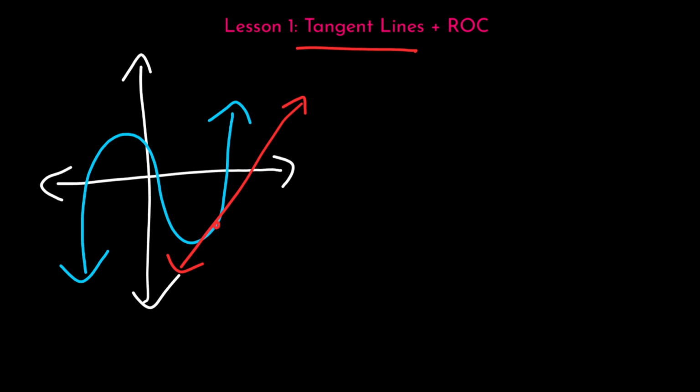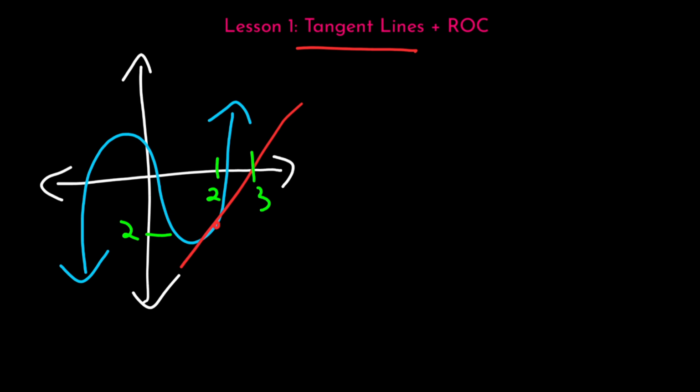And let's use our rate of change to figure this one out. Let's say this point here is 2. This is a 2. And this down here is also 2. And then this is a 3. Okay. Let's set up our rate of change.